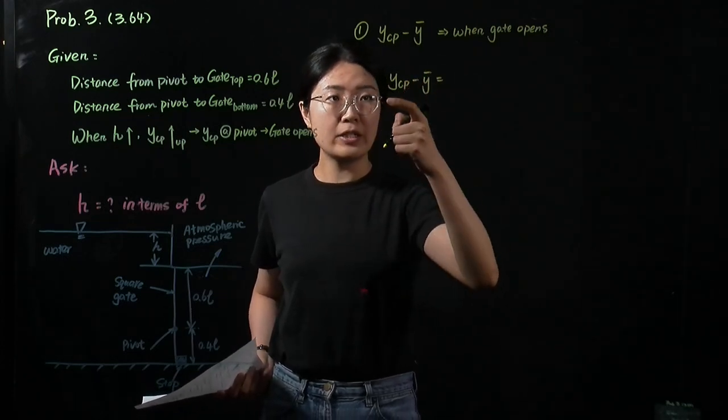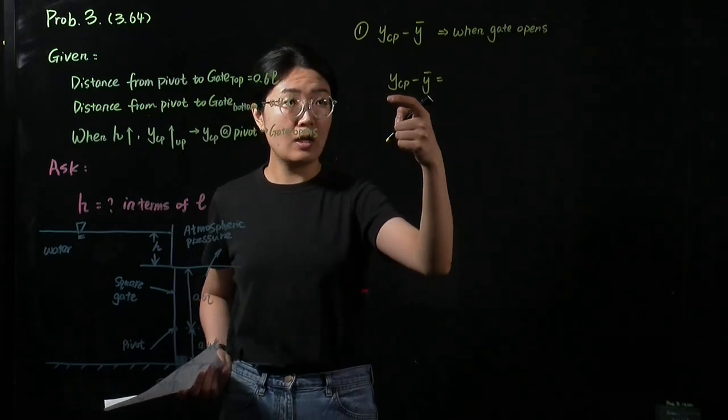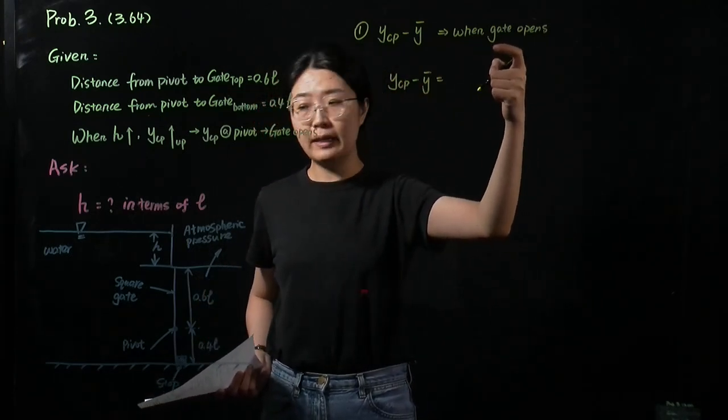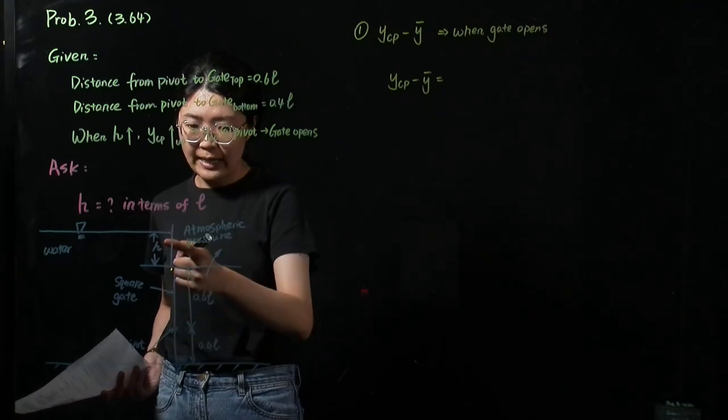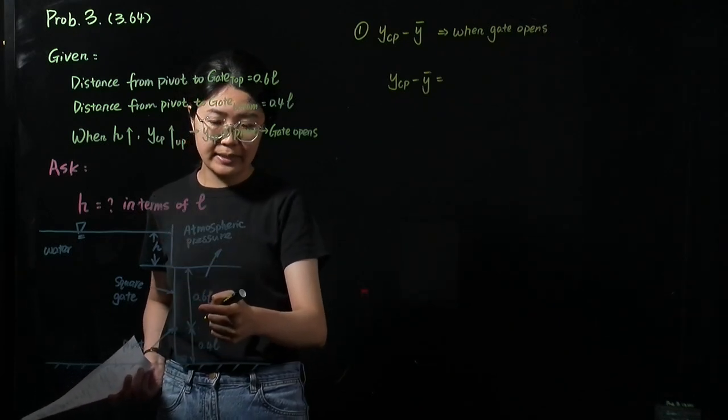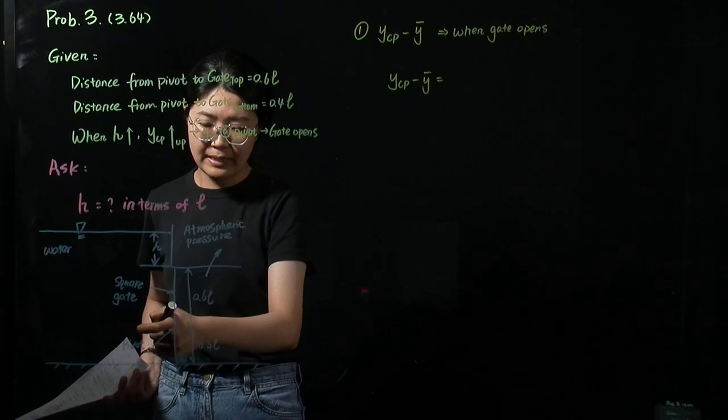So the location of the center of pressure when the gate opens, the distance should equal h plus 0.6 L because it's right at the pivot.